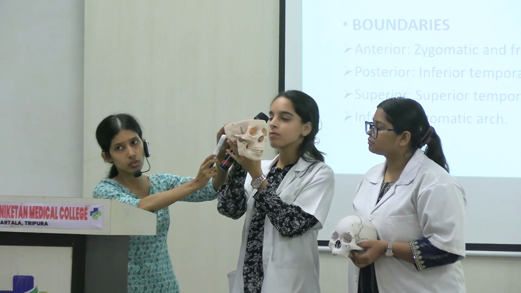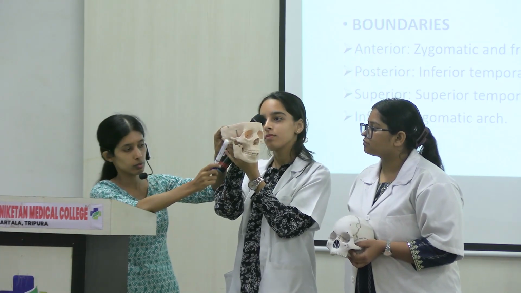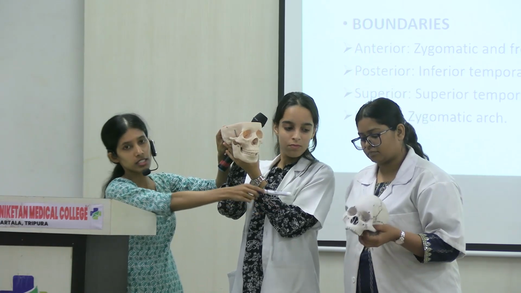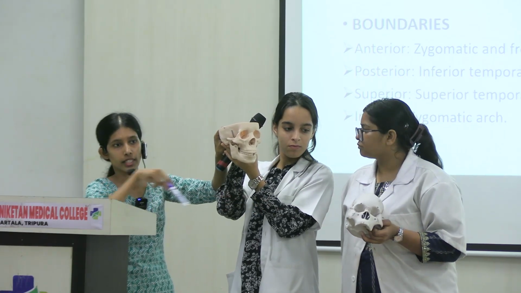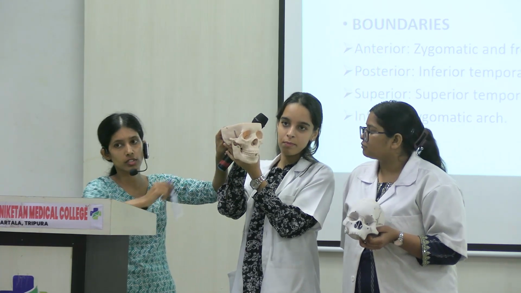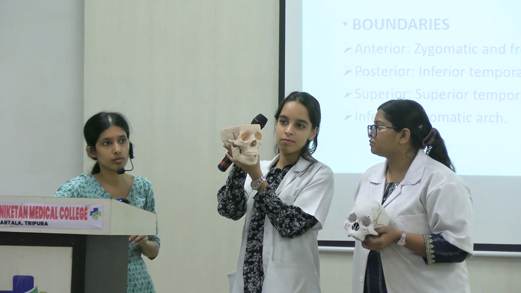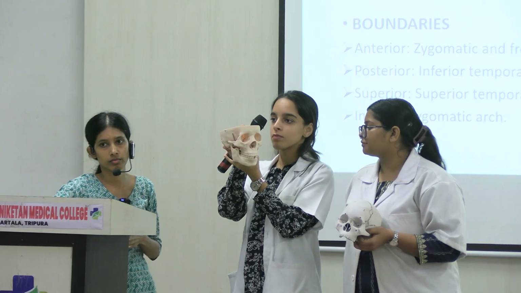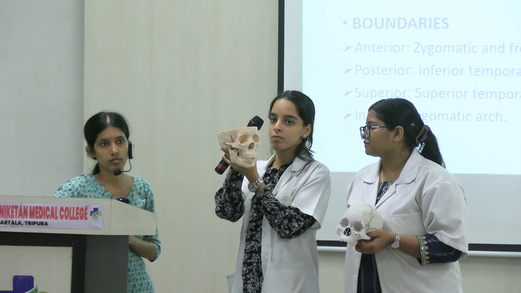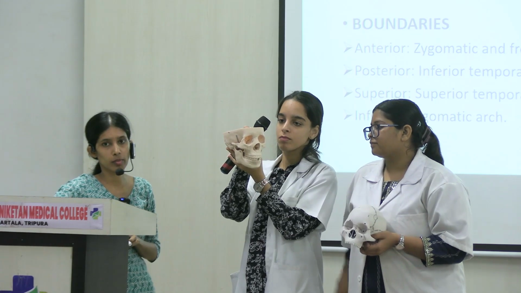We can identify the supramastoid crest in this specimen or in this bone, and we can see the inferior temporal line in that one. So can you identify the supramastoid crest in this one? Where can we see the supramastoid crest?